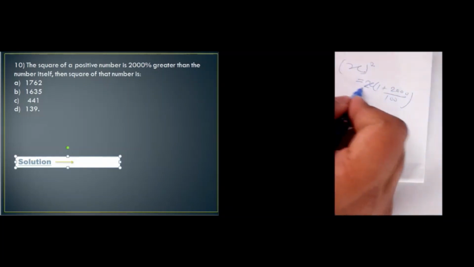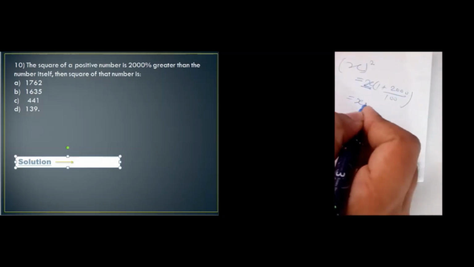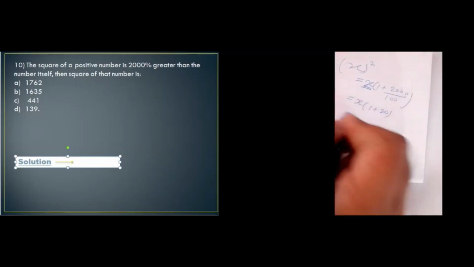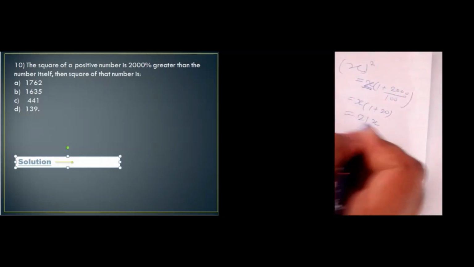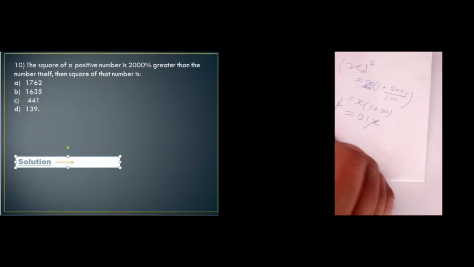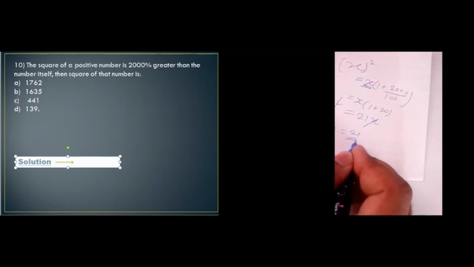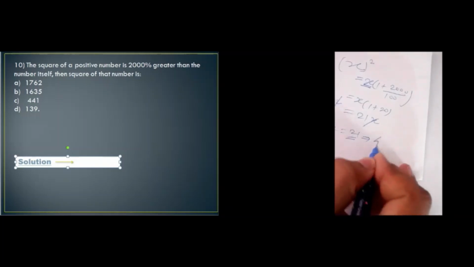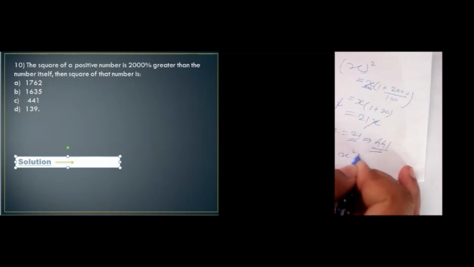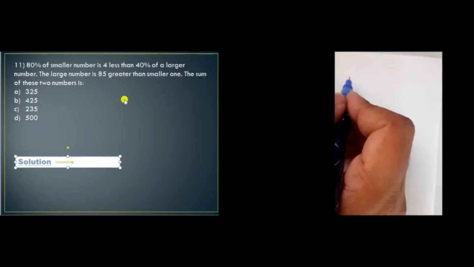So X square equals 1 plus 20, so it is going to be 21 times X. So this X cancels, so X is equal to 21. The question asks for the square of this number, so the square of 21 is going to be 441. X square equals 441. So 441 is the answer. Option C is the correct answer.